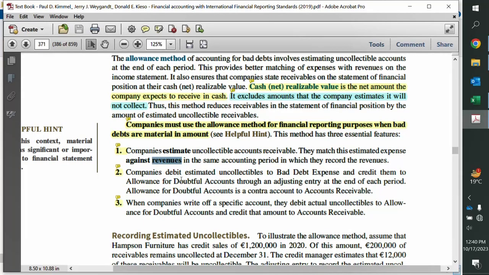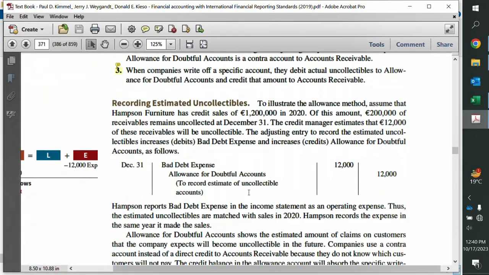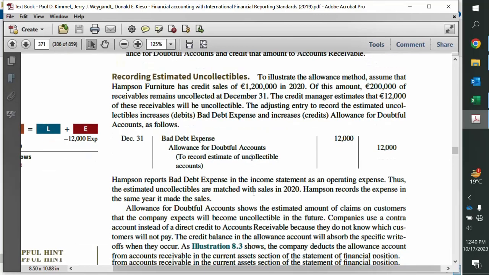So companies debit estimated uncollectibles to bad debt expense or uncollectible expense, and credit the allowance account. And when we write off a specific account, we debit the actual uncollectible to the allowance for bad debts account, as we saw in the last video. So allowance is debited and receivable is credited. So this is the entry towards the end of the period, right? This is something that we discussed in the last video as well.